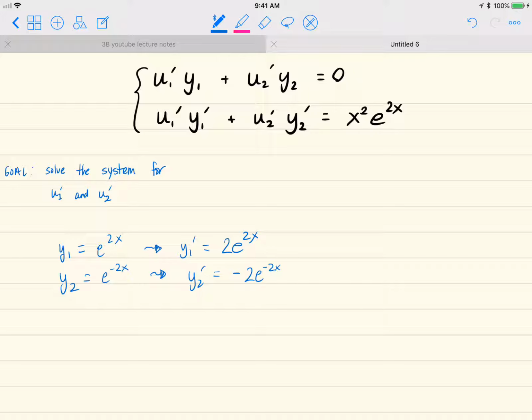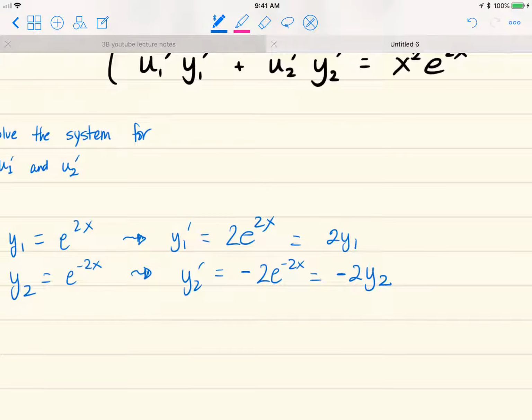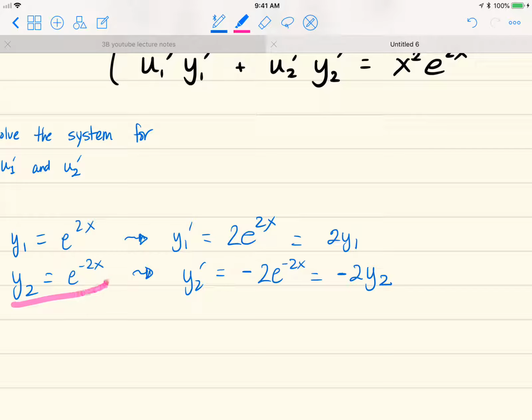So notice that y1 prime is equal to 2y1, and y2 prime is equal to negative 2y2. Now, why is this true? Because what is y2? e to the negative 2x. So this part right here is just y2.